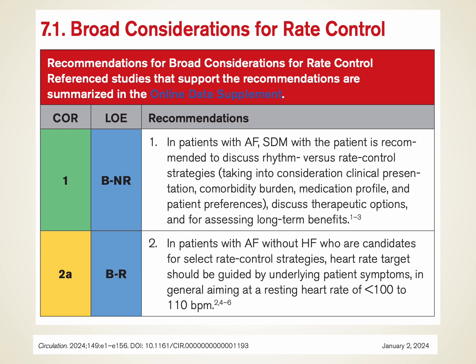So in general, for most patients, we're going to look at doing rate control to keep their heart rate below 100, 110. And then many of those patients are also going to be candidates for rhythm control, either with ablation or with pharmacology, some other way to get them into normal sinus rhythm.